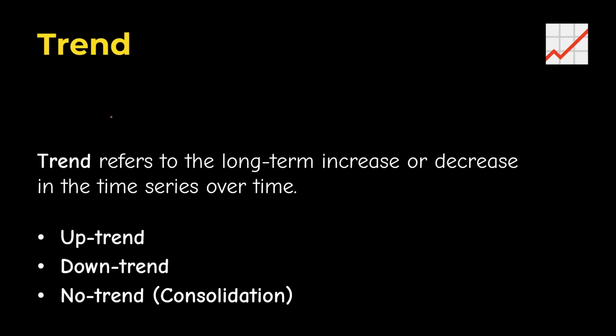The trend. Trend refers to the long-term increase or decrease in the time series over time. In simpler words, if the time series looks like this, if there is a growth overall, we will say that the trend is upwards, or an uptrend. If the time series looks like this, then there is a downward trend, or downtrend.